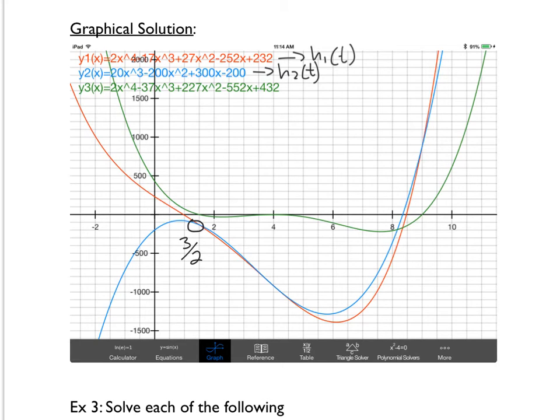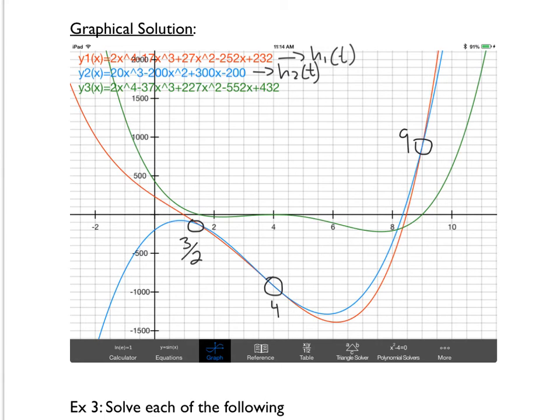And we have one here at 4. And we have another one right up here. And that looks like it's 9. And even though it's out of the range, it's still a point of intersection. Okay, so now let's just look at this green function over here.